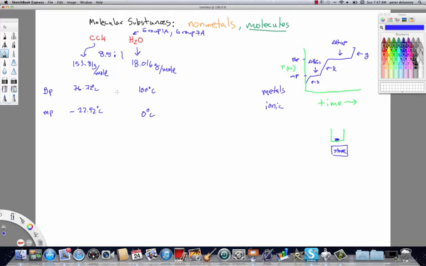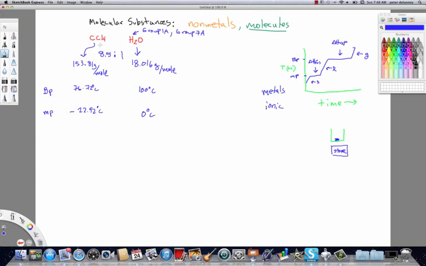So if you compare these values, there's a striking difference between the physical property of water and that of the carbon tetrachloride. Water's boiling point is significantly higher, and its melting point is significantly higher, yet the molecule itself is considerably smaller by comparison to the carbon tetrachloride.